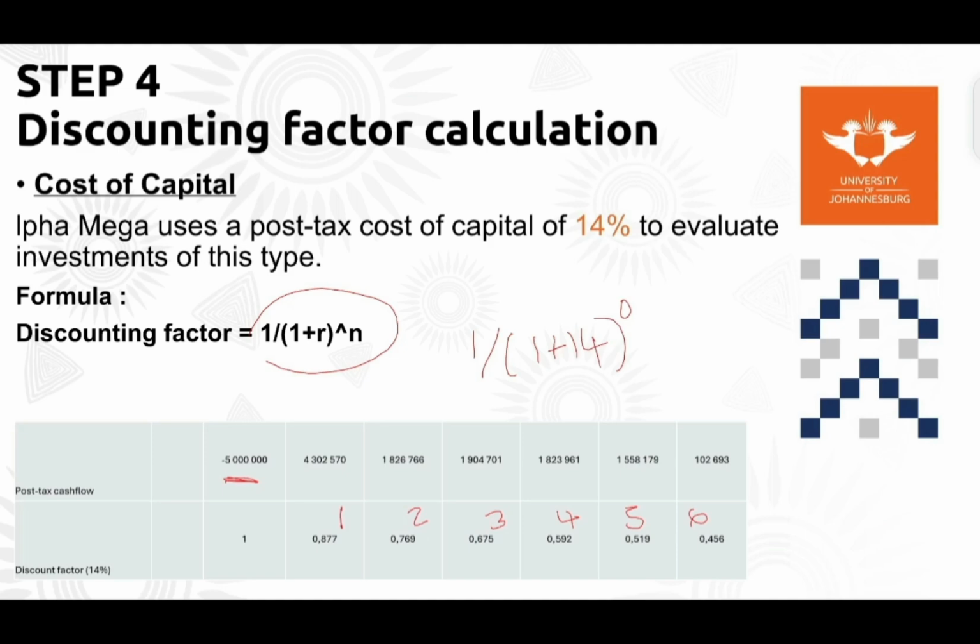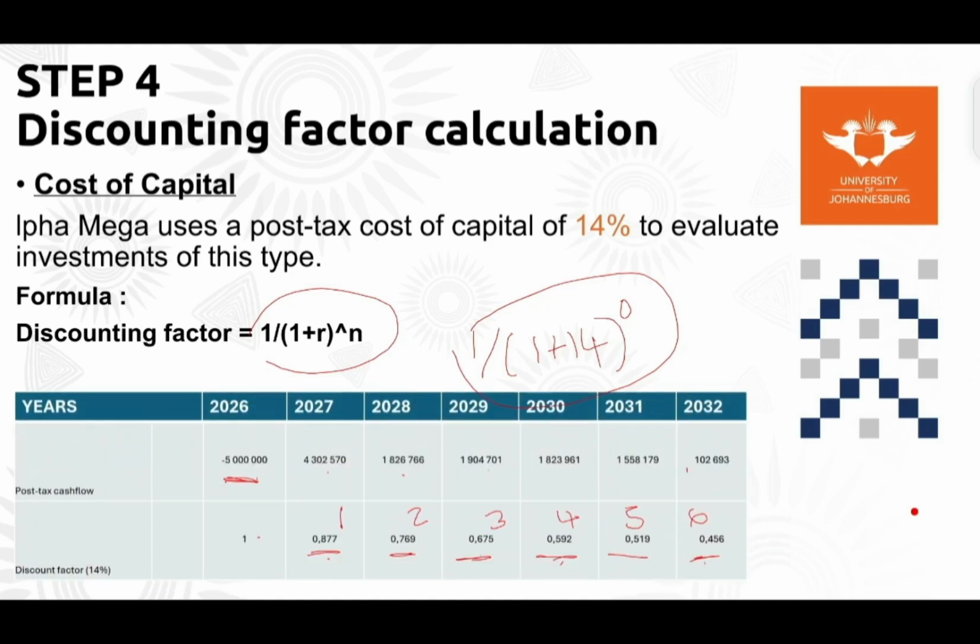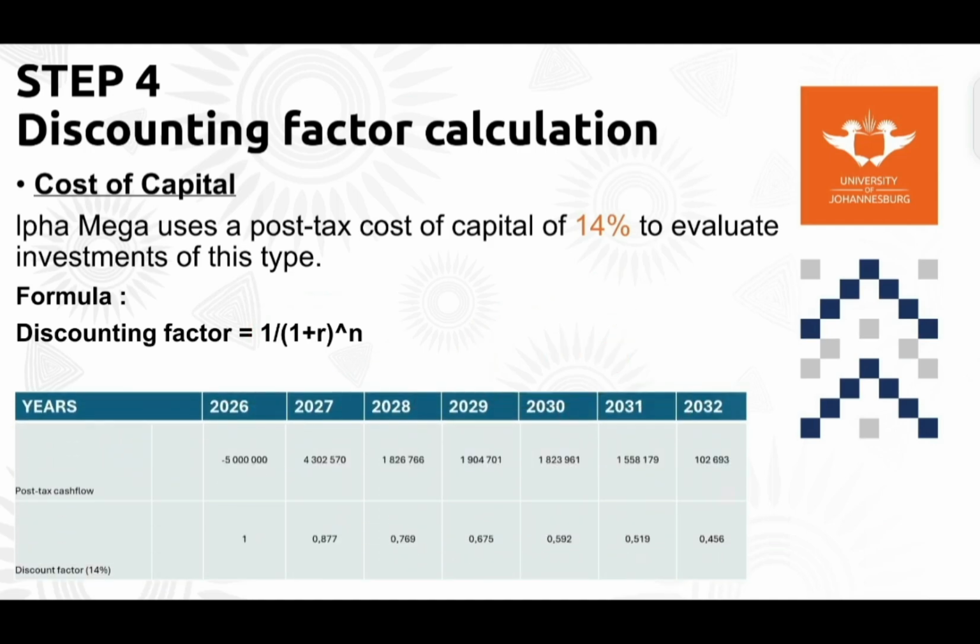So this is how, if you're going to use the discounting formula. So you take all your pre-tax, and then you use this formula to get these values. Once you've gotten these values, then obviously you multiply them. So 5 multiplied by 1, 4 multiplied by 0.8, 1 multiplied by that, which will give you a new set of values, right? This is for just all the years.